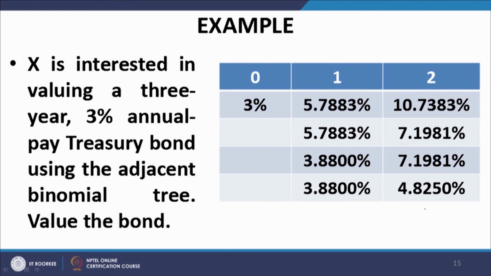It can also go down to the value 7.1981%. From the node 1L it can either go up to 7.1981%. So, this is the recombinant part. And then it can also go down to 4.825%. So, that is the description of the tree.